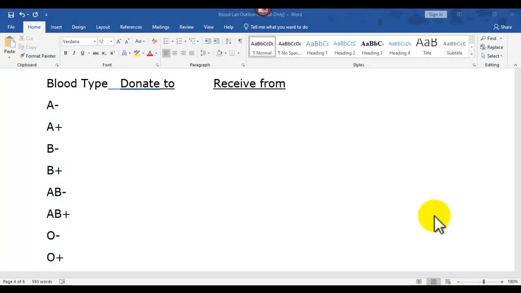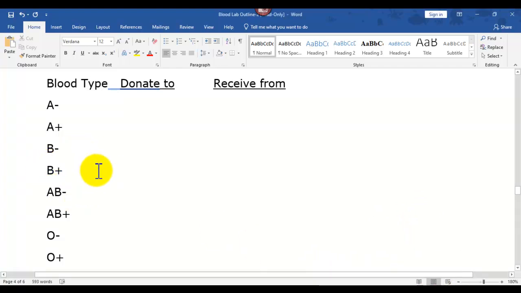All right, we're back, and the blood typing fairy came in and created a little chart for me. So if we're going to do this, adding the negatives and the positives, I'm just going to write it out for you. Like I said, you're going to be asked what are the blood types. If you do it this way, I'll give you an extra bonus.